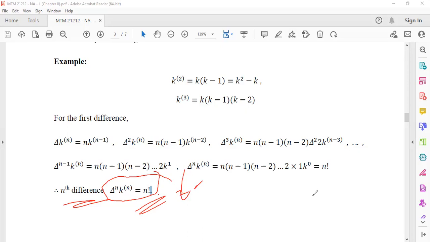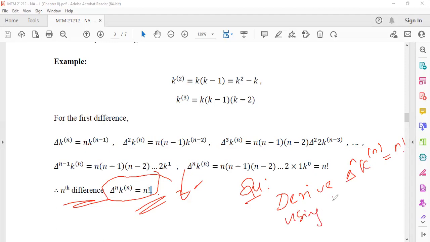Sometimes, if the question is like this, derive delta n k^n is equal to n factorial using the factorial polynomial formula, you can answer what I have done now.